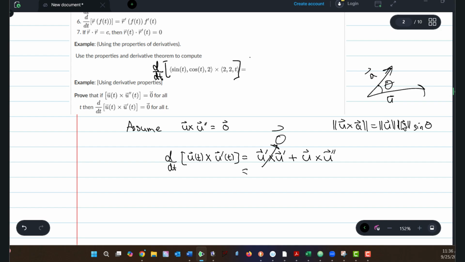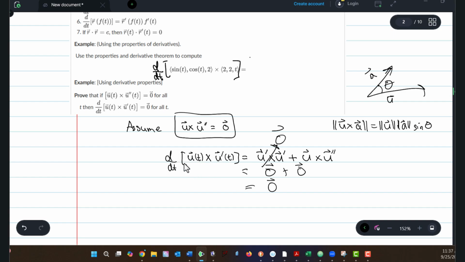Then the second part, which is not very much, is that we use the assumption that if you take the cross product of a vector and its second derivative, that's also going to give you the 0 vector. What you're left with is that the right-hand side of this equation has to equal the 0 vector from all your previous computations, and the left-hand side is just what we started with.